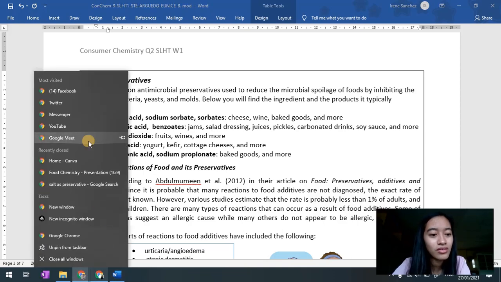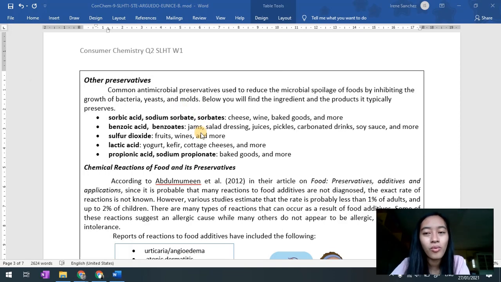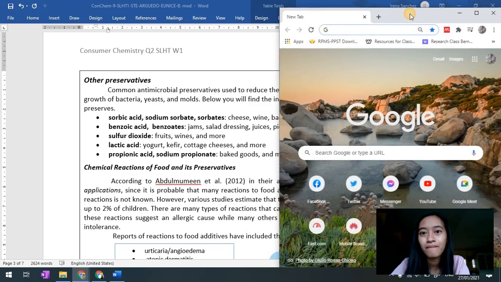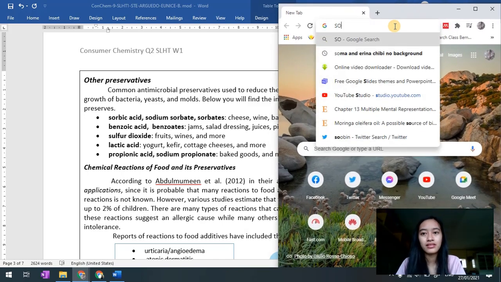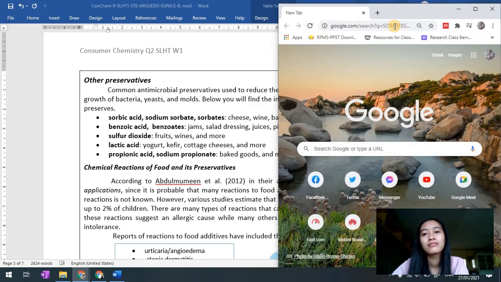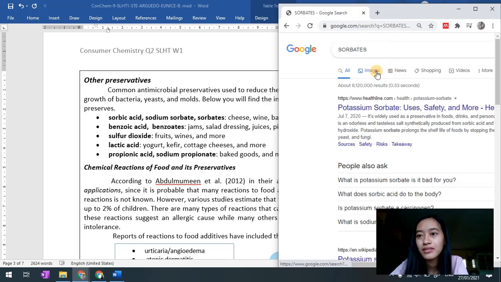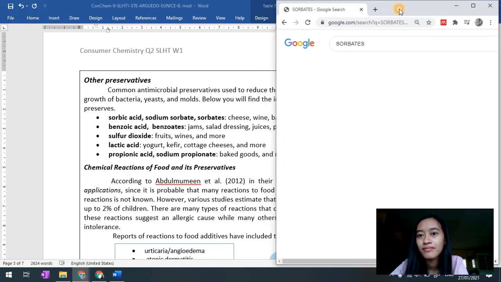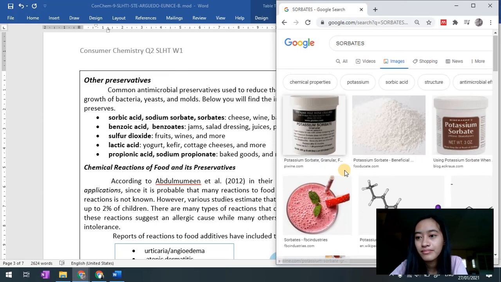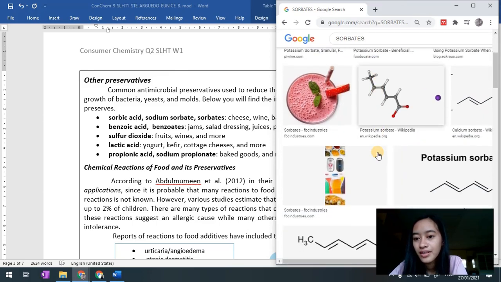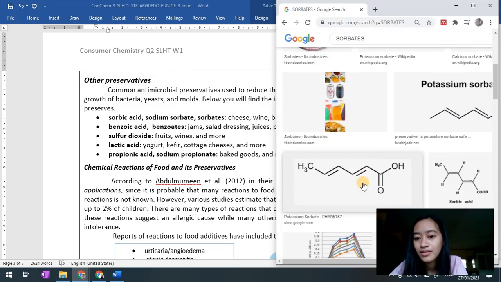So sorbate, what does it look like chemically? Sorbates. It's a ketone.